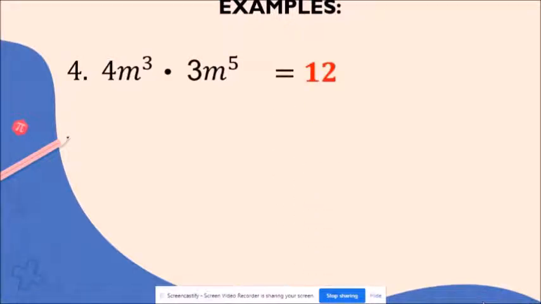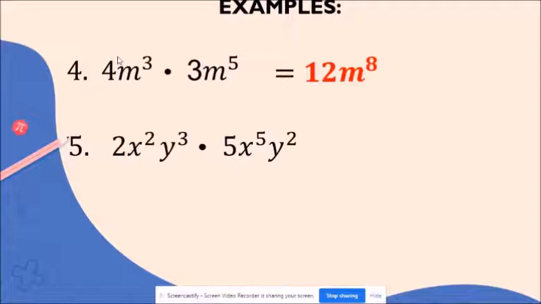And if we multiply m cubed and m to the power of 5, we just have to take the base, which is m, and then simply add their exponents. So our final answer would be 12m to the power of 8. Okay? That's great.